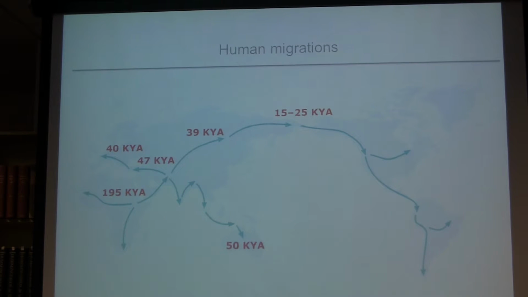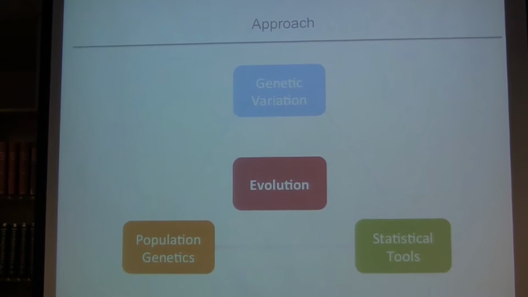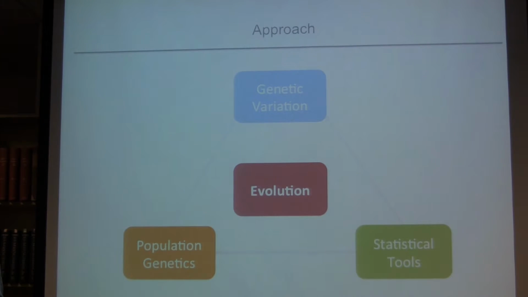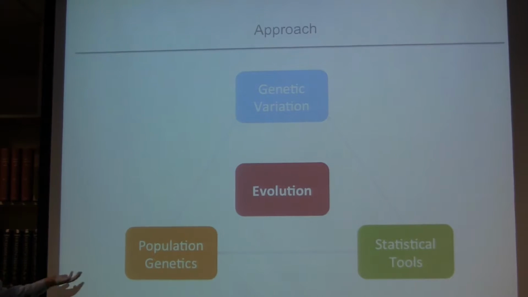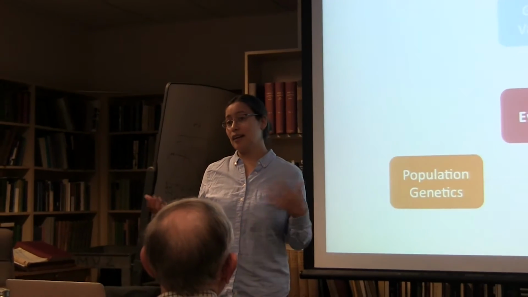And so the way I like to address these questions, or the way that I have been addressing these questions up to now, is by combining a few approaches. And so by that I mean that I like to look at mathematical models of evolutionary processes to compute expectations, that we can then fit those expectations to the data using a statistical framework.